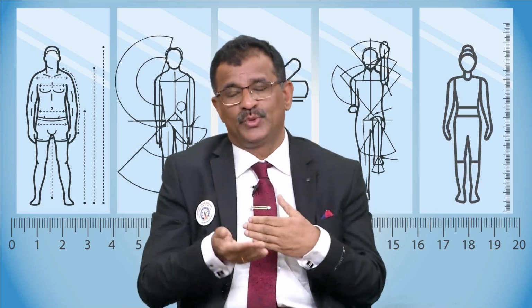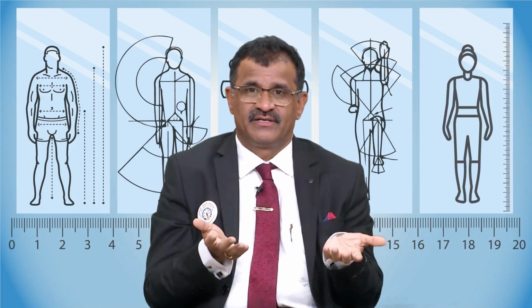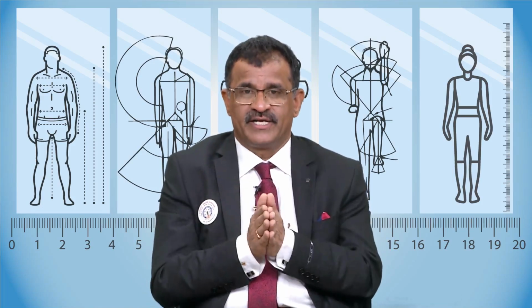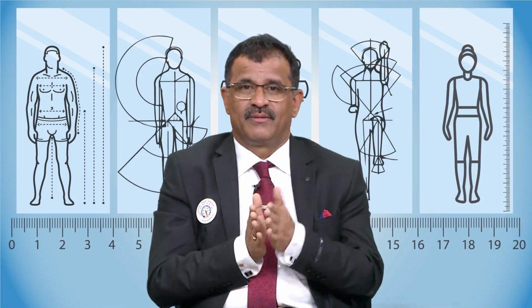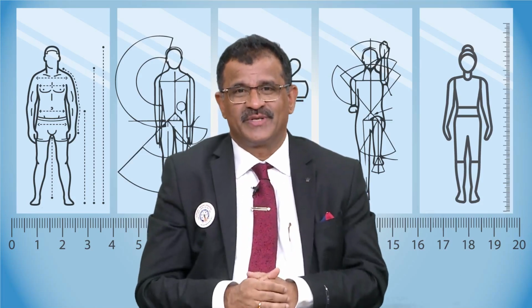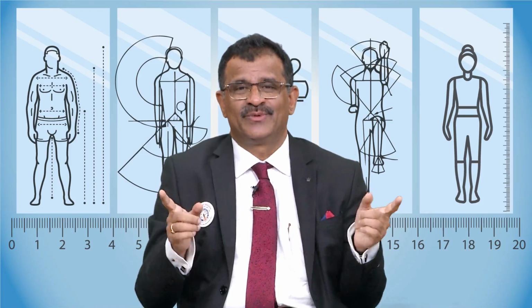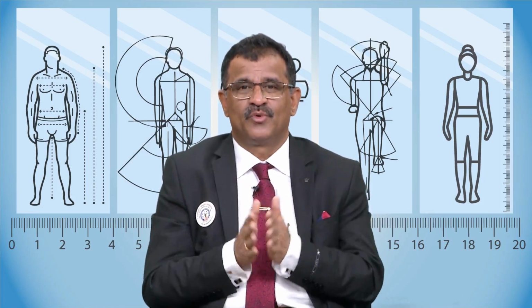As compared to 1947, there is a lot of improvement, but we will have to make it zero before 2047, and then only our India will become Viksit Bharat.